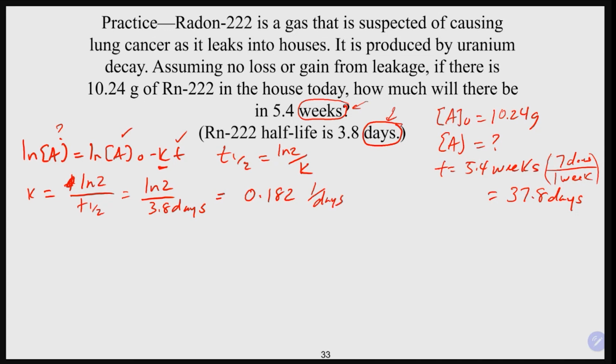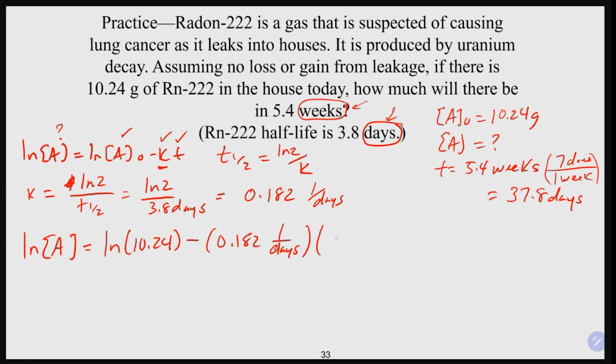Now that we have that, we can go back into this equation. The natural log of A is going to be the natural log of our initial 10.24 minus 0.182, in 1 over days, times 37.8 days.